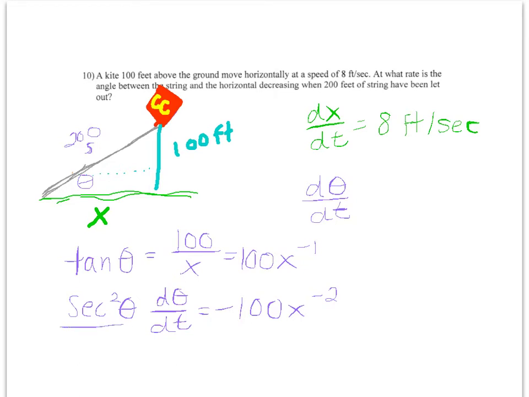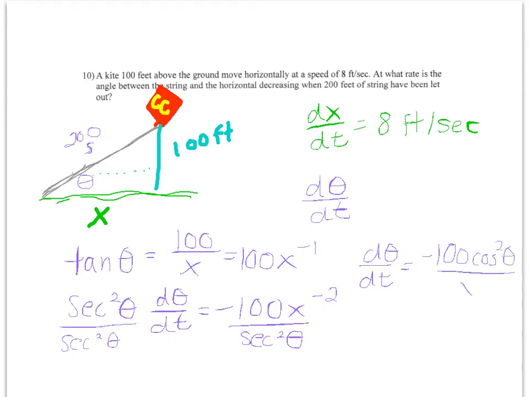So I'm going to divide by secant squared theta. So I know that d theta/dt equals negative 100. And I'm going to turn my secant squared theta, since it's in the denominator, to a cosine squared theta. And I'm going to send the x to the denominator, so it's just an x squared.